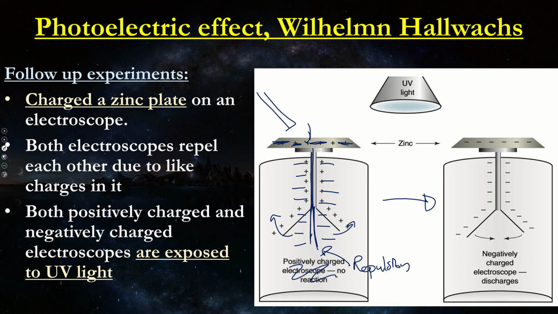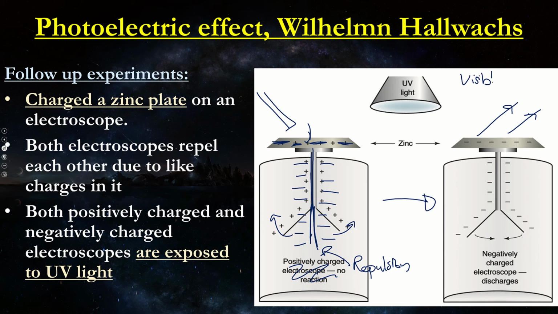Now, what we know is if we want this to go back down, obviously we need to release the electrons. So we want these electrons to go away. Now we can do it in two ways. You can use normal visible light.